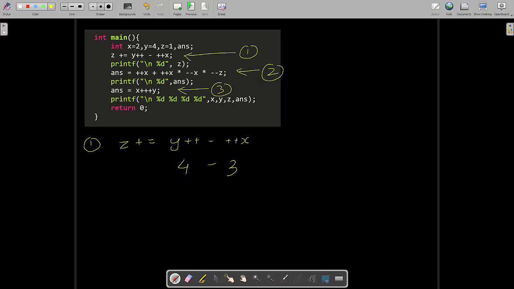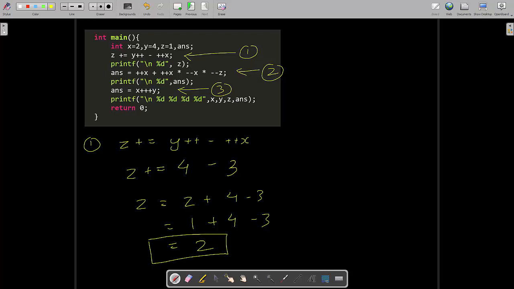Next, this will be plus equal to this. Now if I expand this, it is equal to z equals z plus 4 minus 3. z currently is 1, plus 4 minus 3, so this becomes 4 plus 1, that is 5, minus 3, so z is going to be 2.